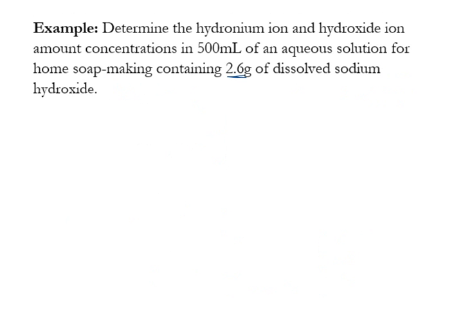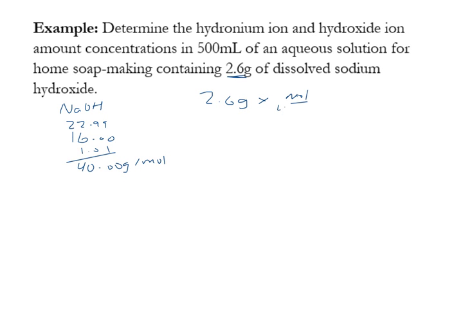So you guys know sodium hydroxide's molar mass. It's 22.99, 16, and 1.01. It's 40 right on the dot. So if I wanted to calculate my concentration, it would be 2.6 grams, and we'd have to divide by my molar mass.